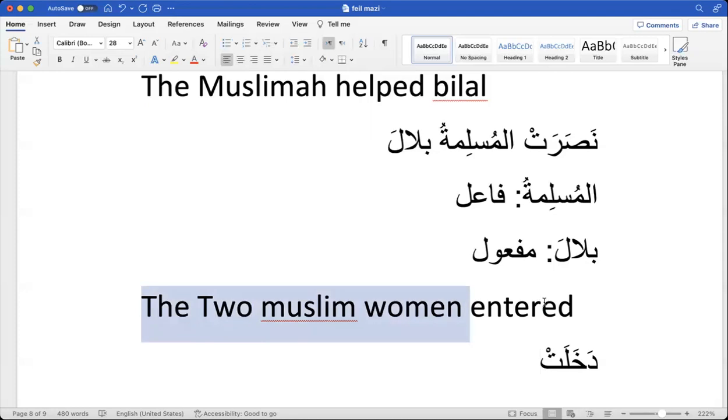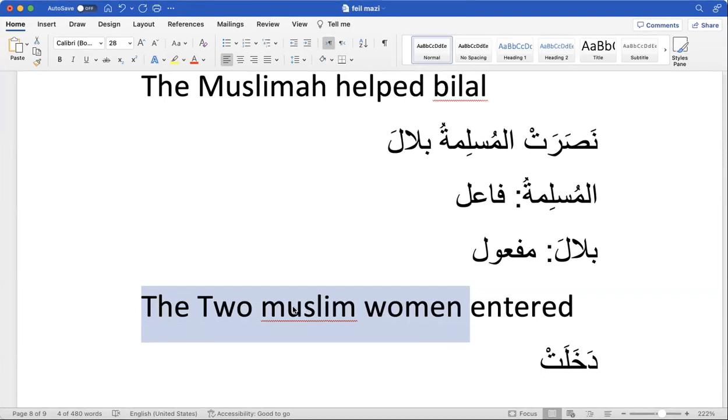It's not like two Muslim women entered as a pronoun. I am mentioning the outside doer. If I say they both entered, then you would have used dakhalata.